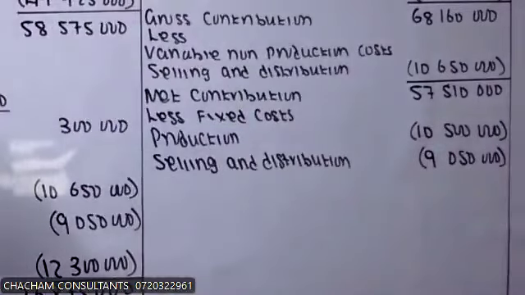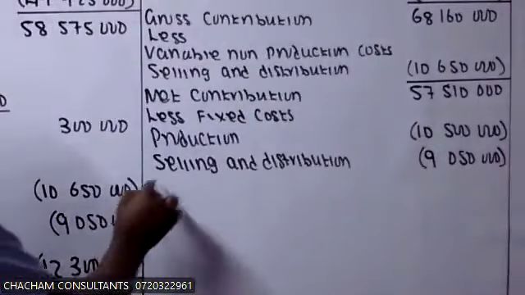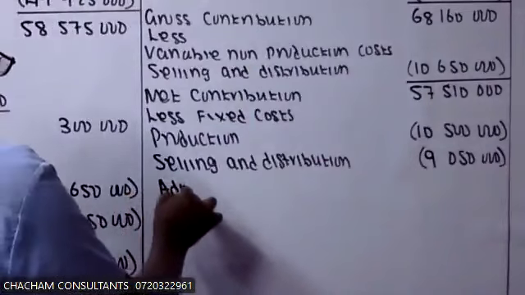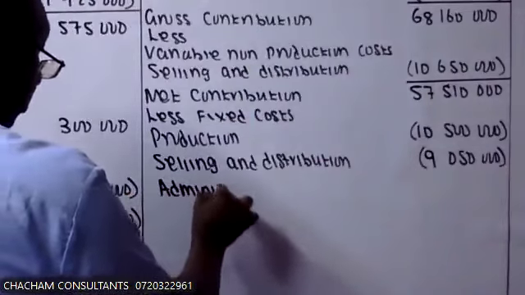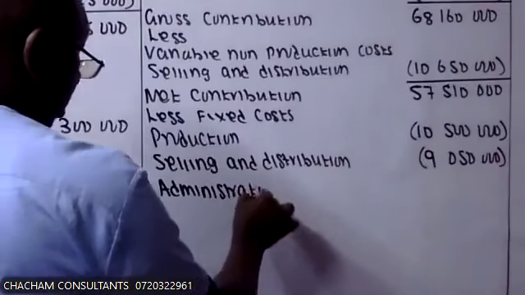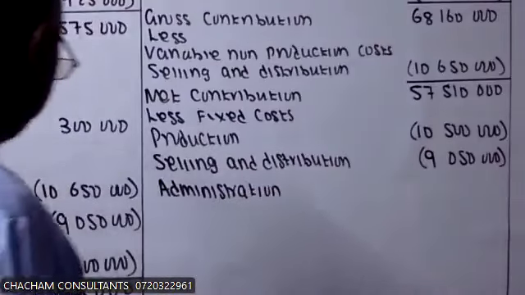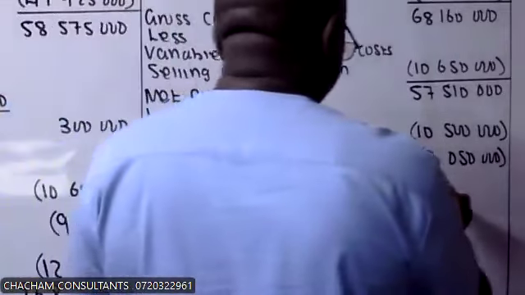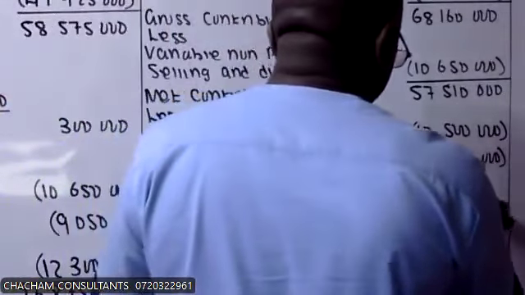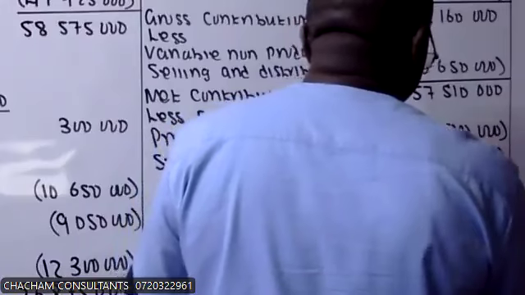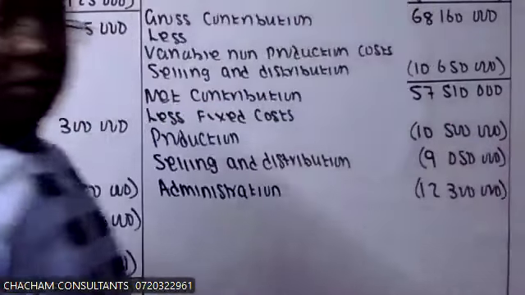Then we had administration, which is 12,300.